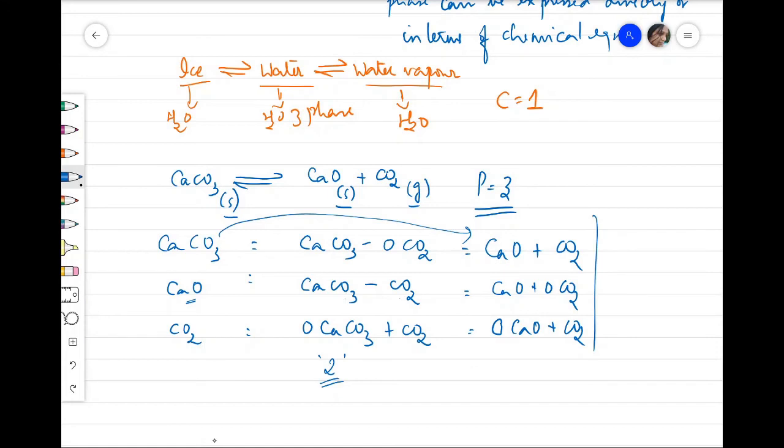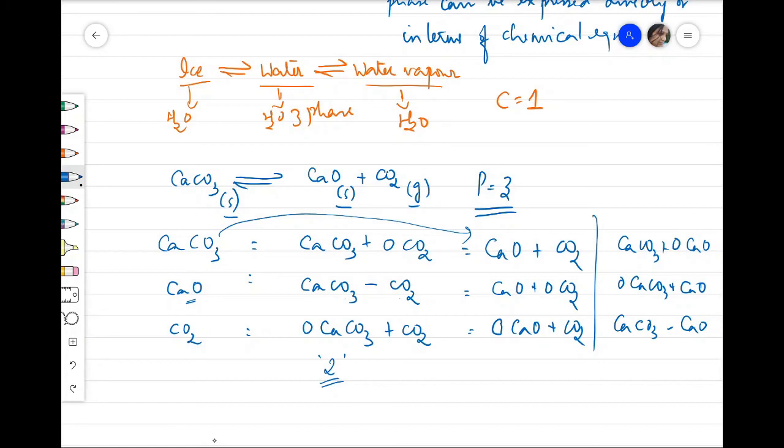Now if I want to take calcium carbonate and calcium oxide: in the first case calcium carbonate plus 0 calcium oxide, in this case 0 calcium carbonate plus calcium oxide, and here calcium carbonate minus calcium oxide. Then I get carbon dioxide. So again the minimum number of components needed to define the three phases is 2.